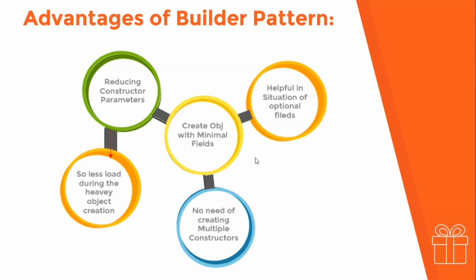If you create an object with 100 parameters, it may put load on your resources while creating an instance. There is no need to create multiple constructors with multiple parameters. You do not need a constructor with 5 parameters, one with 8 parameters, or one with 10 parameters. You can reduce such overhead with the help of the builder pattern. I hope this advantage is clear to you guys.